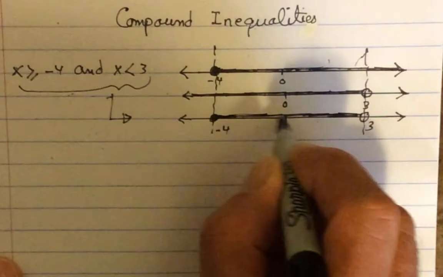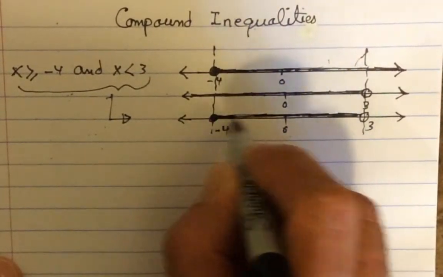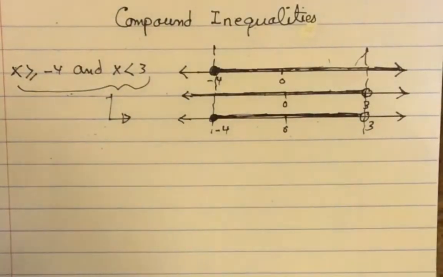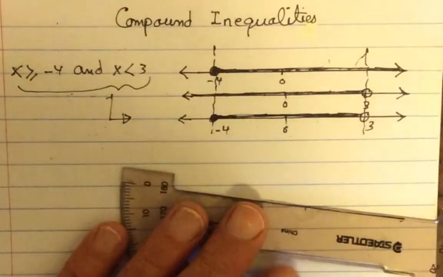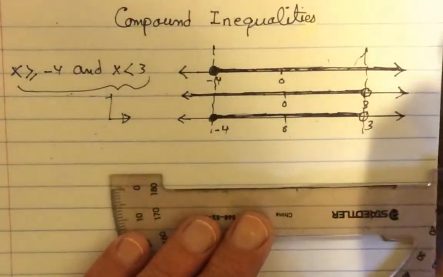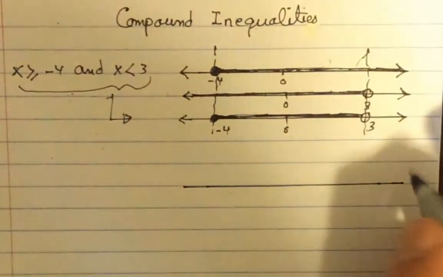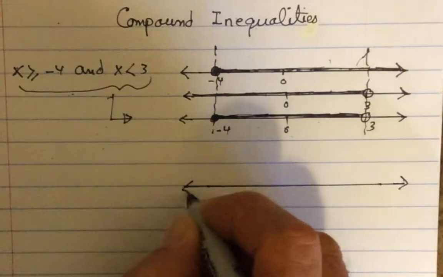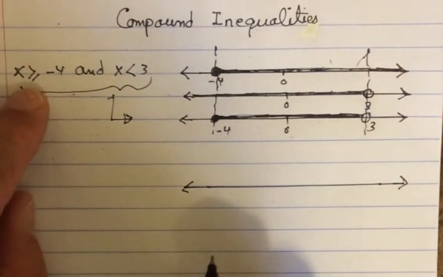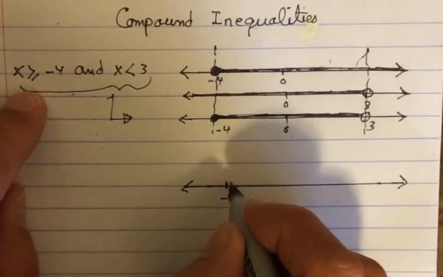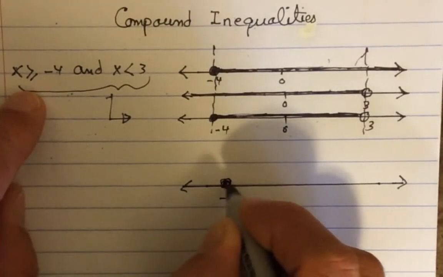When we do such a problem, guys, you don't have to do the 3 lines like this. You can just do it in one line, as I'm going to show you now. I'm going to solve the same problem one more time, but now I'm going to show you the way you should do it so you don't spend too much time. I need x greater than or equal to -4. So here is -4, because it has or equal, we shade it in.